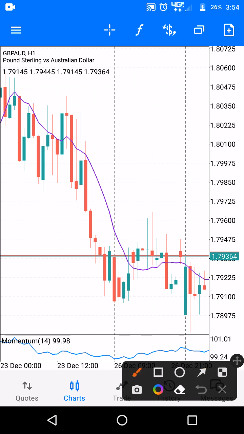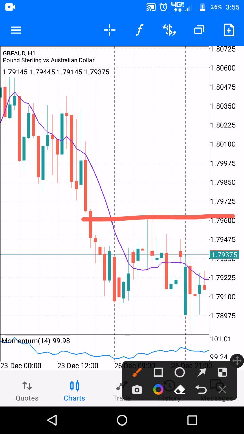Let me draw a line. That is 1.79666. I want to place my sell limit over there, because when you are selling, you have to sell at a high price. You must sell above the current market price. So I'm placing my sell limit there so that when the market reaches that position, it will open a position for me.